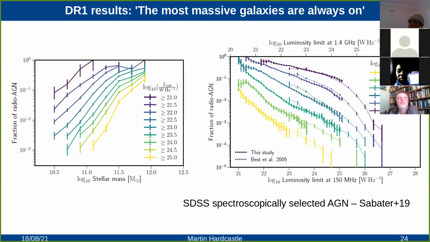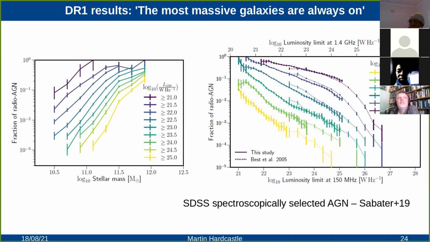You get a certain fraction of the so-called wide-angle tail objects above the FR1, FR2 cutoff, but they are clearly in some sense FR1s. But they often have relativistic jets and hotspots still, so they're just being really strongly affected by their environment, and thereby turned into what would be FR2s in a more favorable environment.